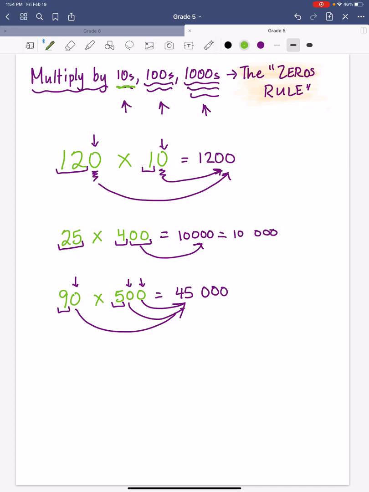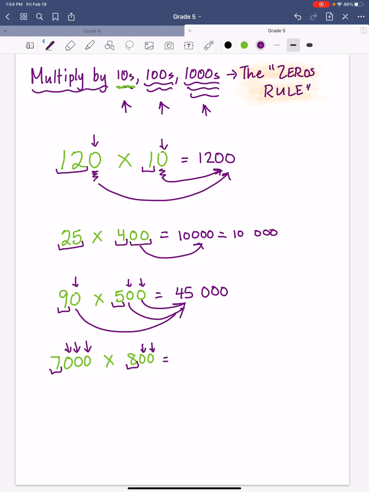Okay, one more, last one. Let's just do a really hard one for fun. Let's say I had 7,000 times 800. Okay, not hard again if you're following the pattern. So I'm going to ignore all my zeros. This time I have 5 of them. I'm going to ignore them for now, and I'm just going to look at 7 times 8.